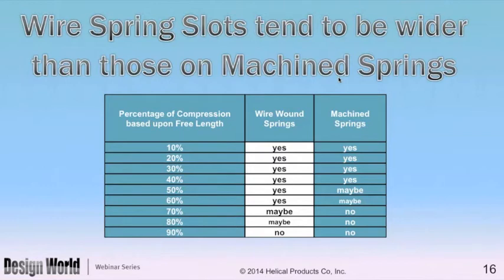But that number really drops down to about 40% for a machine spring. In both cases, there's probably a little bit of a gray zone, but as we get to the limit here of around 90 to 100%, of course, neither one can be compressed that much.